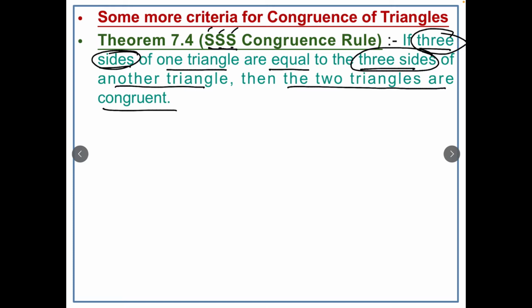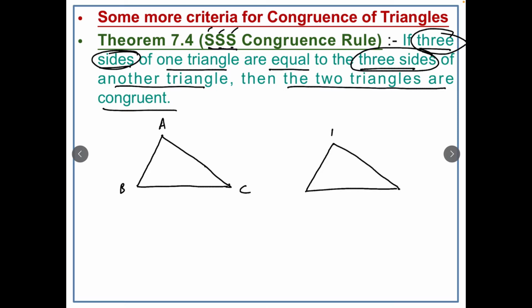You can see it from the figure. Let's draw a figure. This is a triangle. Let's name it ABC, and we have another triangle. Let's name it DEF.